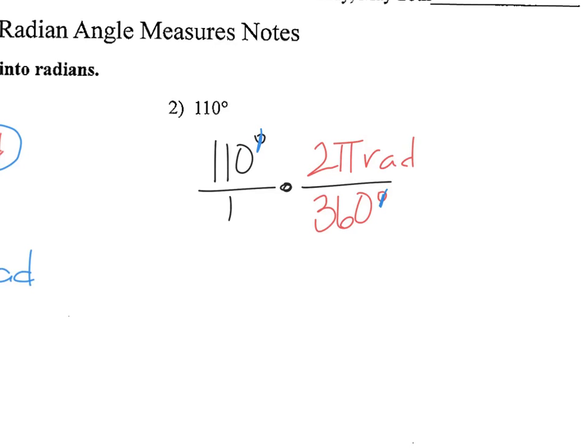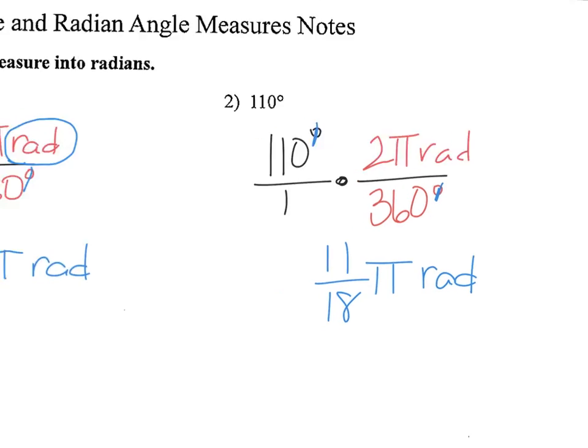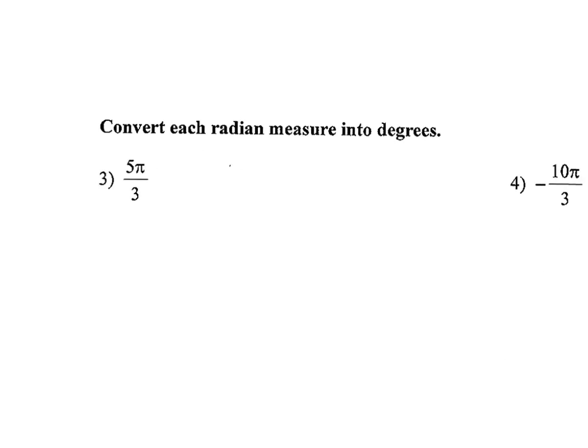And in my calculator, I put 110 times 2 divided by 360. If you do a math frac on that, that gives you 11/18 pi, because we didn't put that in, it's still there, radians. That's your answer.